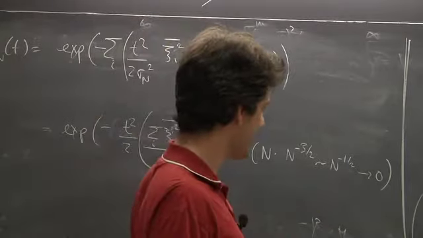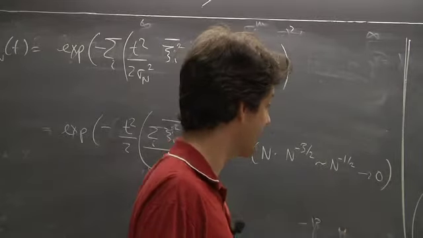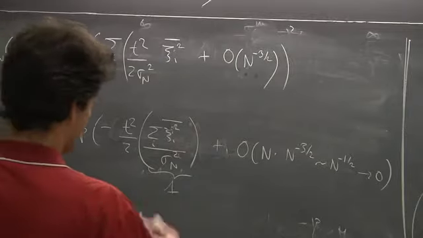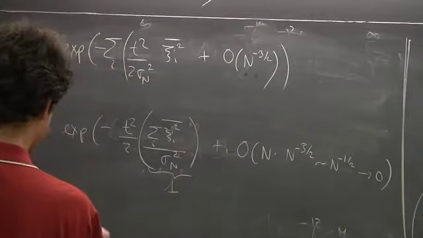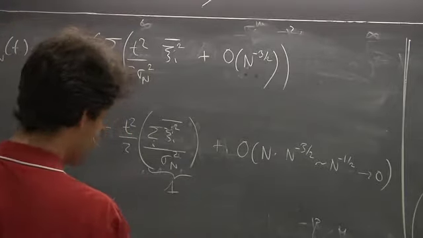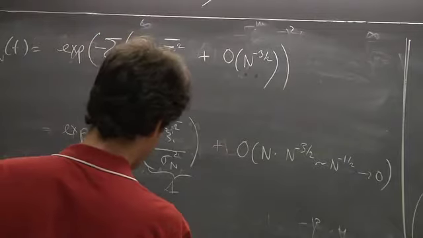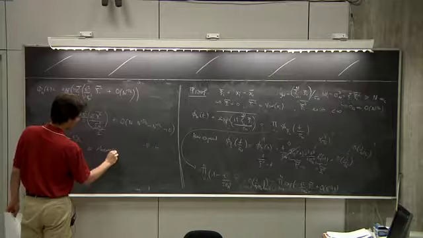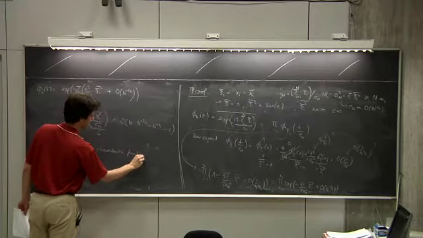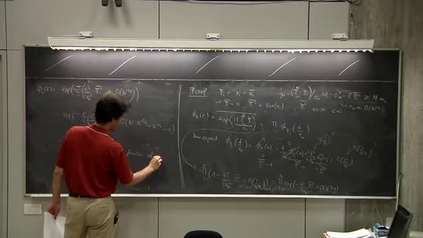But as a mathematician, you just say this goes to infinity if I wait long enough and take n big. And now we are done. This is e to the minus t squared over 2, which is just the characteristic function or generating function of a normal Gaussian.